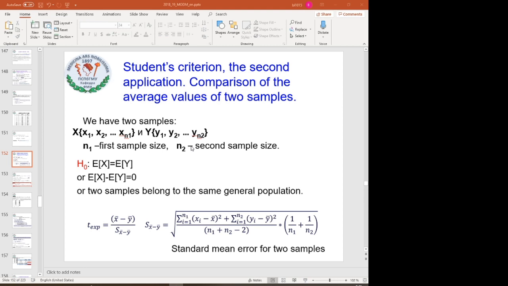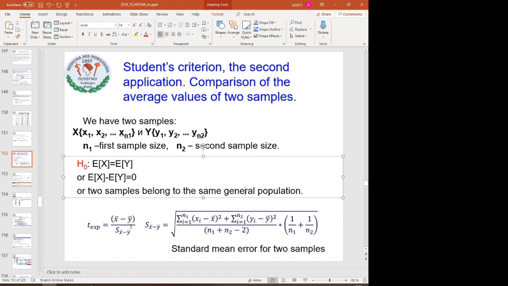The student's t-test null hypothesis states that mathematical expectations of x and y are the same, or the difference between the expectations is 0, or two samples belong to the same general population. All three statements of the null hypothesis are equal. You can use any of them.